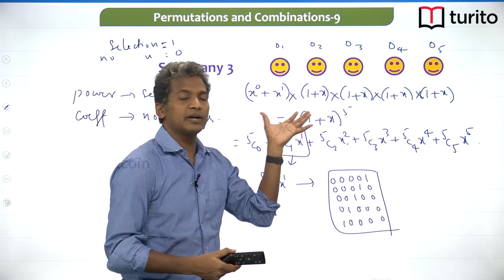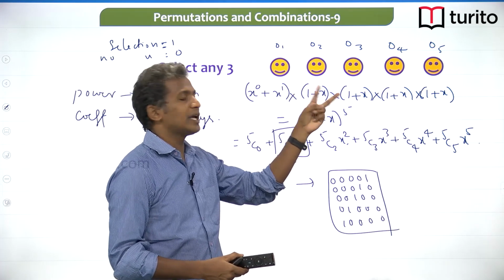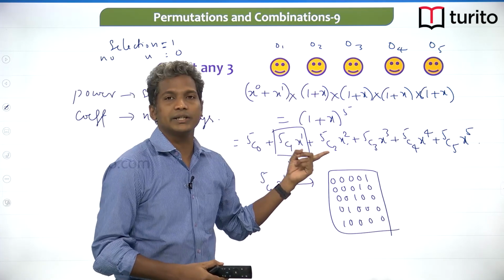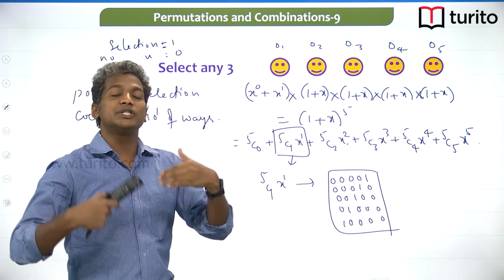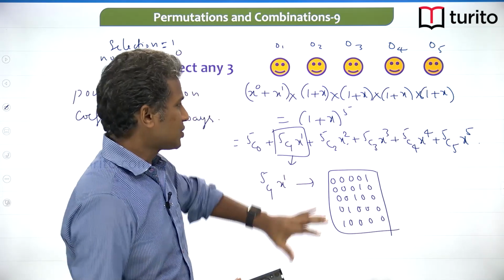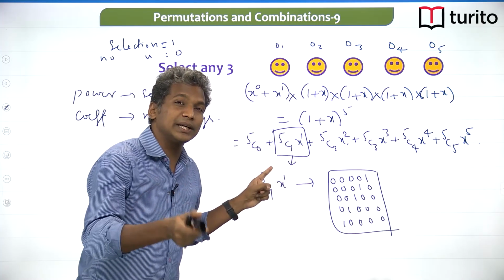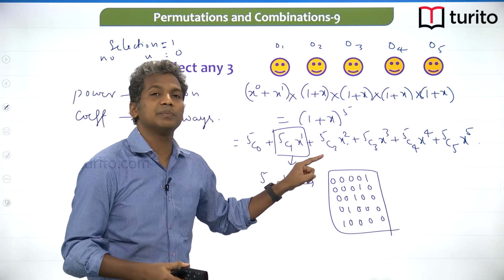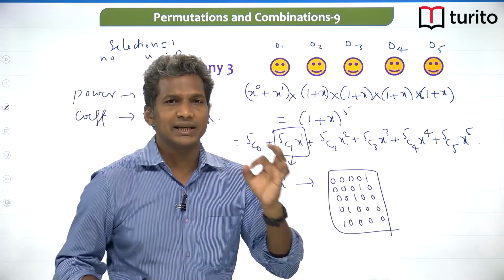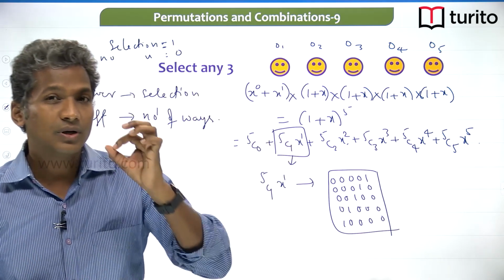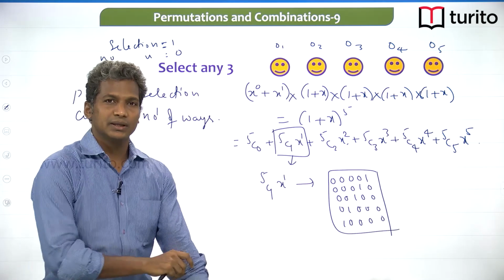If you collect only 2 x's from all of them, you will get 5C2. So the coefficient represents the total number of ways of selection, and the power represents how many you are selecting. It is a very silly and simple example, but you have to form the basis of your entire methodology starting from this example. Make a note of this.